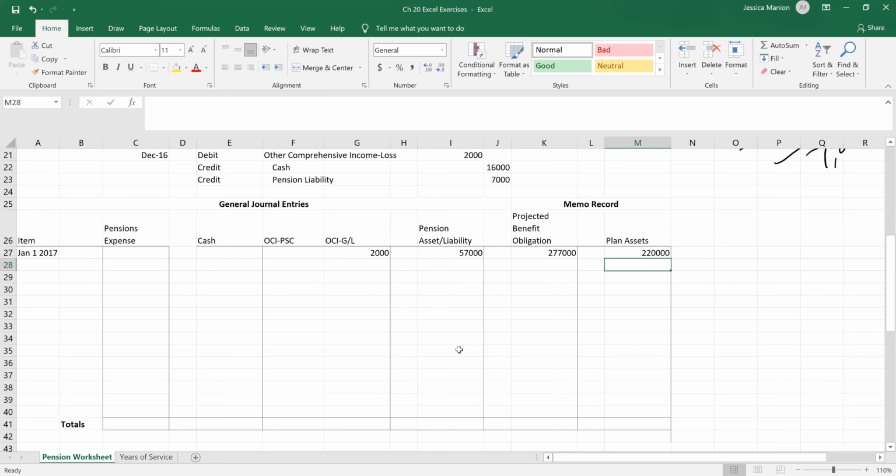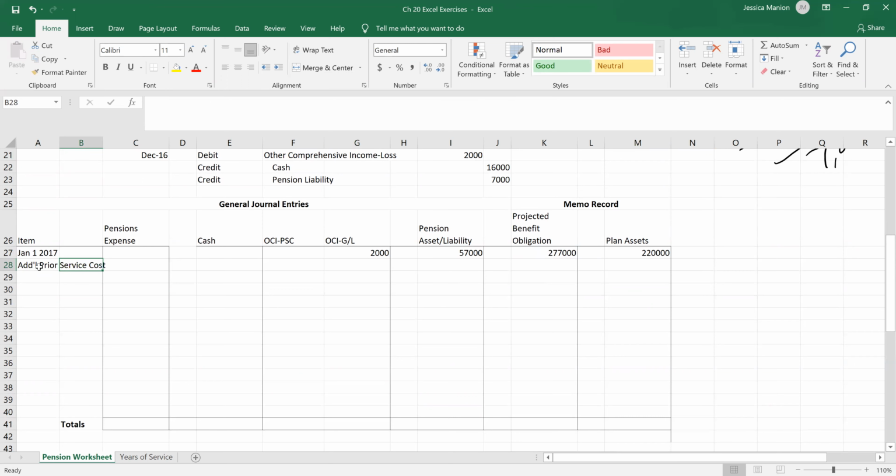So remember, when we do this plan amendment, we're going to say additional prior service cost. And I cannot type today. And remember, we don't expense this whole thing at one time, right?